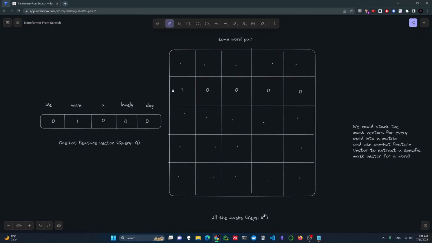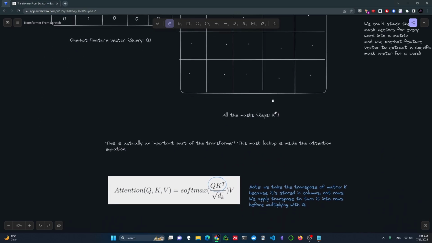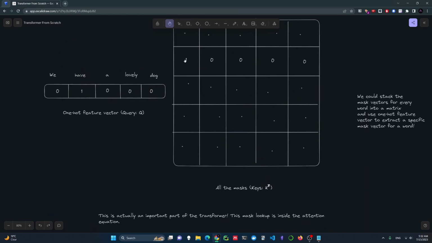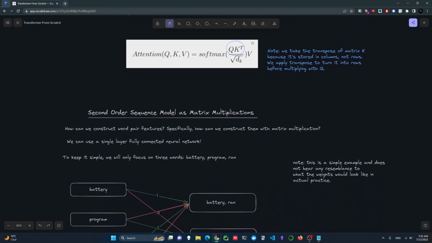So after we take the transpose, it's actually stored in rows here. Okay, so yeah, that's why we take the transpose before multiplying it, so we can actually extract the relevant mask vector.